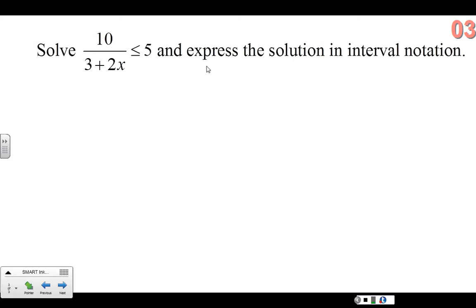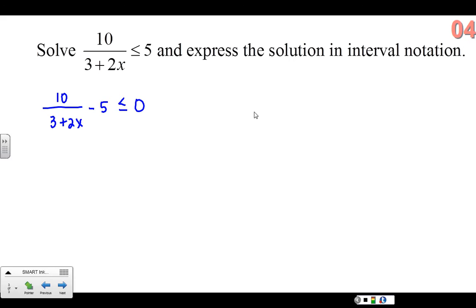Okay, you may have trouble if perchance you're not less than or equal to 0 or greater than or equal to 0. This number on the right needs to be 0 for us to use the methods that we have been doing. So to get this one in the correct notation, I'm first going to have to move the 5 to the left. So I have 10 over 3 plus 2x minus 5, and then that is less than or equal to 0.